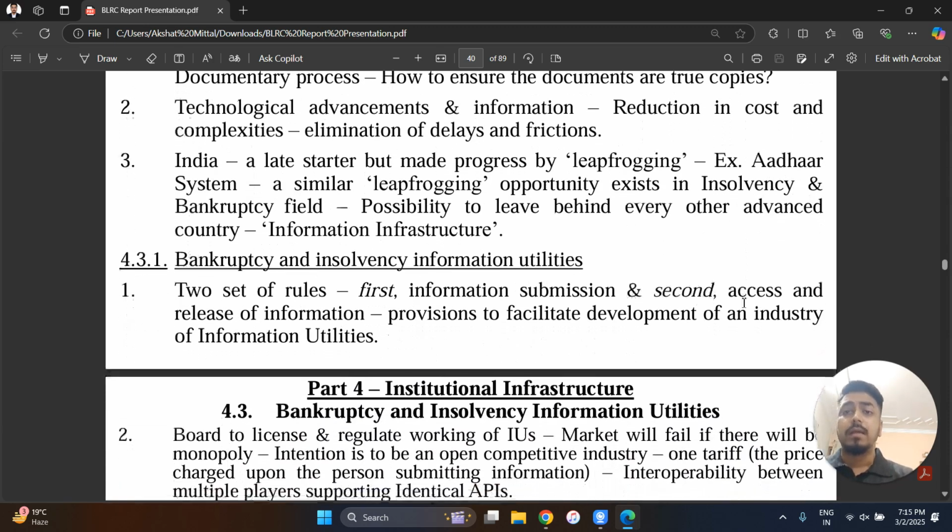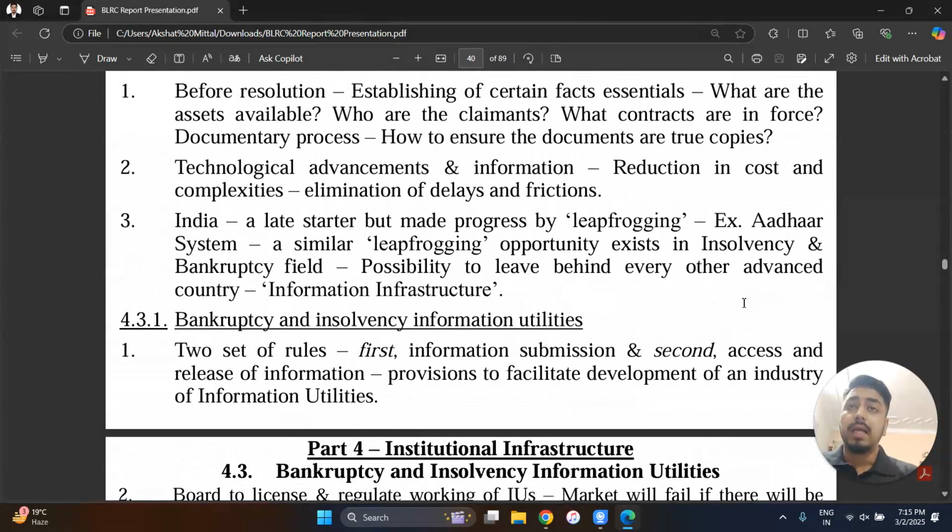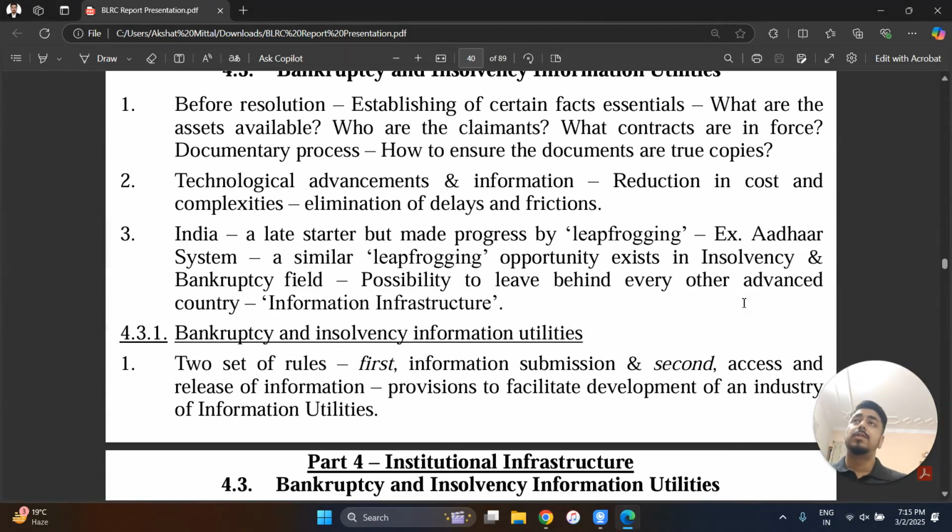Further, this committee has proposed that there should be an establishment of an information utility for the better functioning of these adjudicating authorities. And it has also referred to the Aadhaar system, which is very much prevalent in our country. We can see that now there is a linking of Aadhaar and PAN, and there is a very swift system with respect to the individual's information.